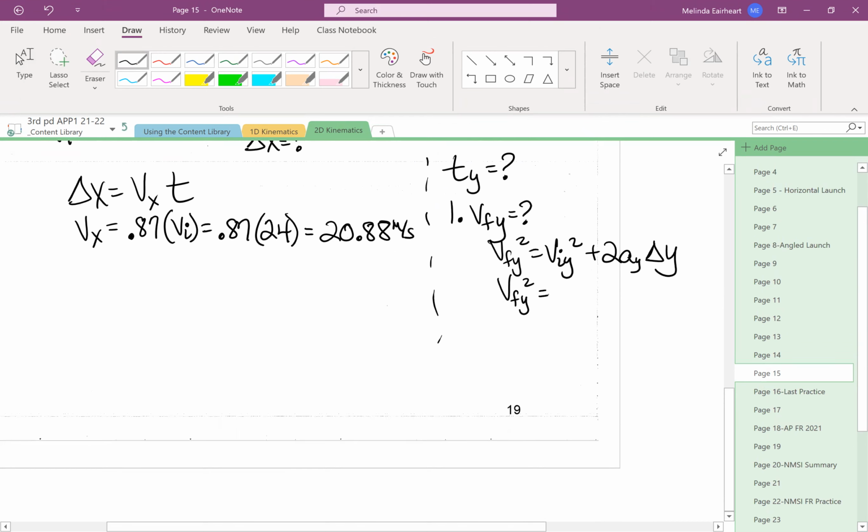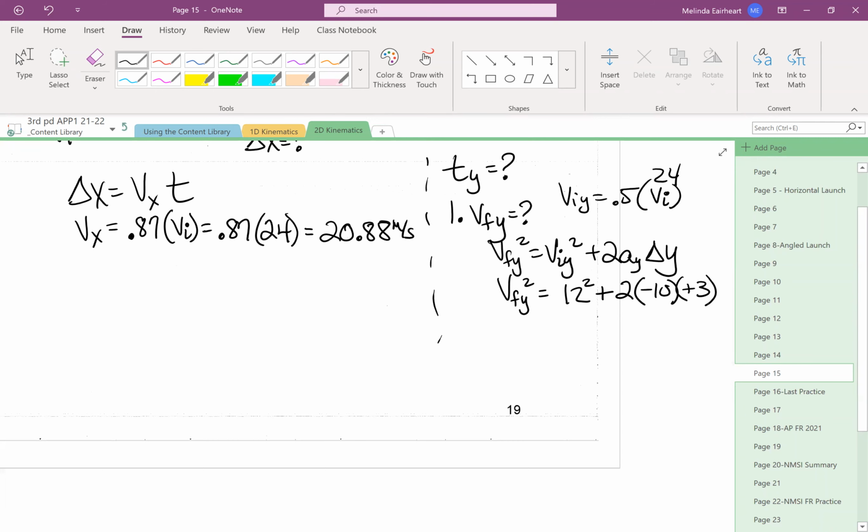And so we do kick it up. So earlier we found the vertical component. And so VIY was that 0.5 times VI, which was 24. So half of 24 again is 12, squared, plus 2 times negative 10 vertical acceleration. And then we've got that +3 as your vertical displacement.